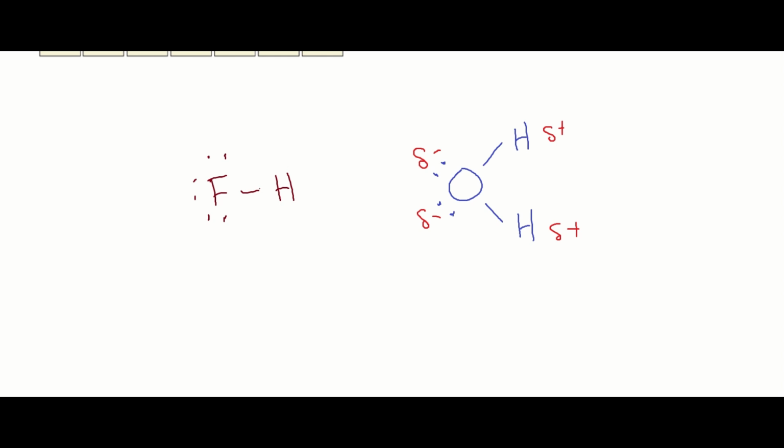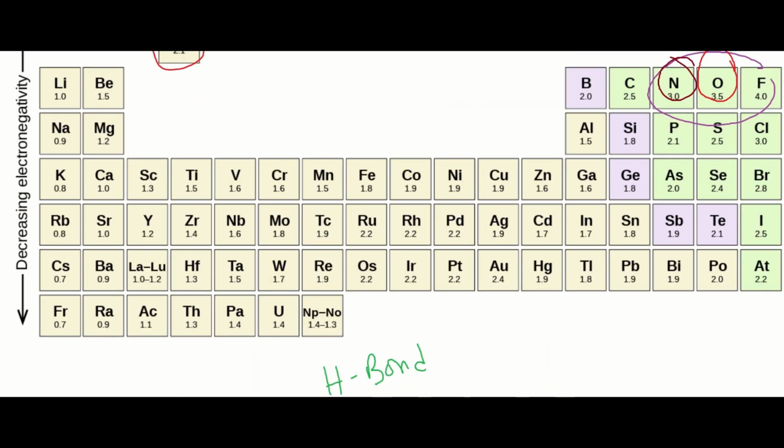So here again, fluorine, being the most electronegative element, is going to unequally share. So this side is going to be partially negative and this side is going to be partially positive. See how we have this scenario now? We can have, that's your hydrogen bond. Okay, I think we're getting the hang of this.